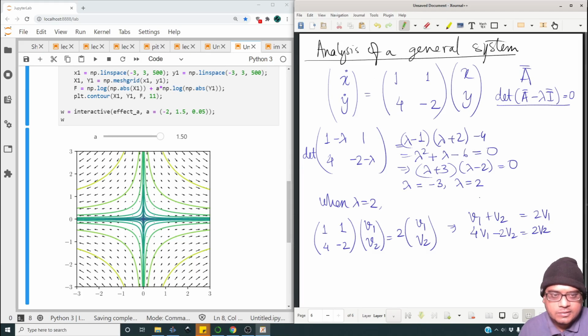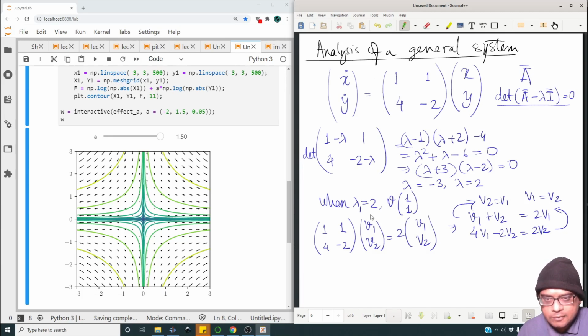The first equation implies v2 equal to v1, and the second equation also implies v1 equal to v2. So the eigenvector will be 1, 1. So for lambda 1 equal to 2, the eigenvector is 1, 1.